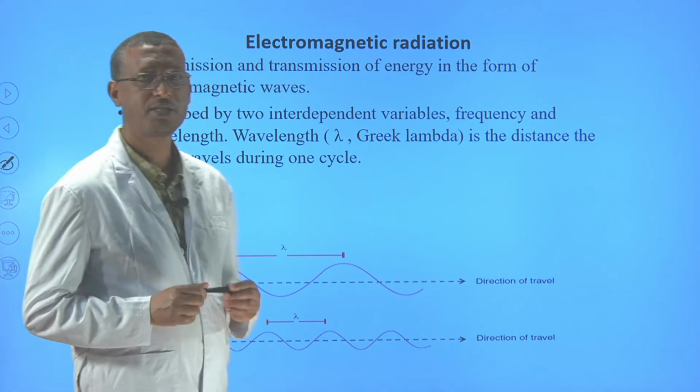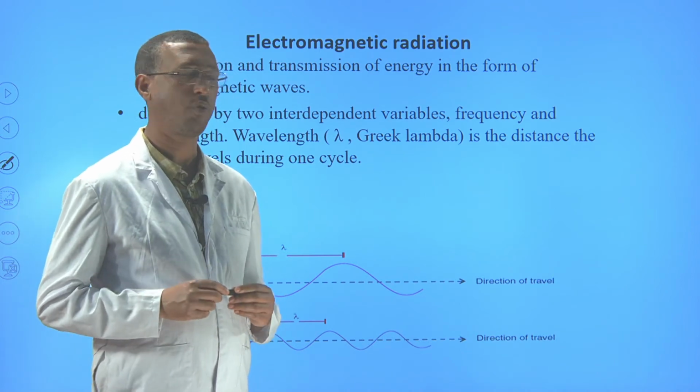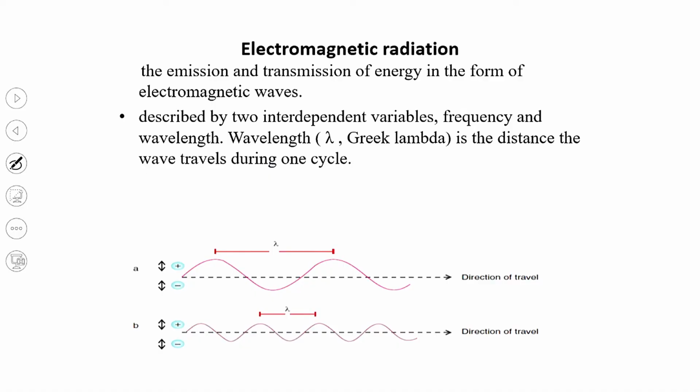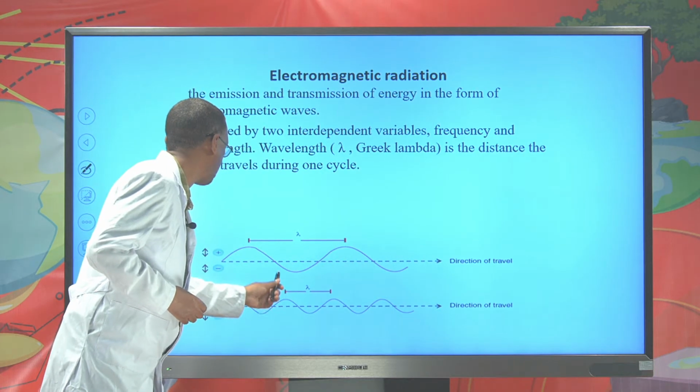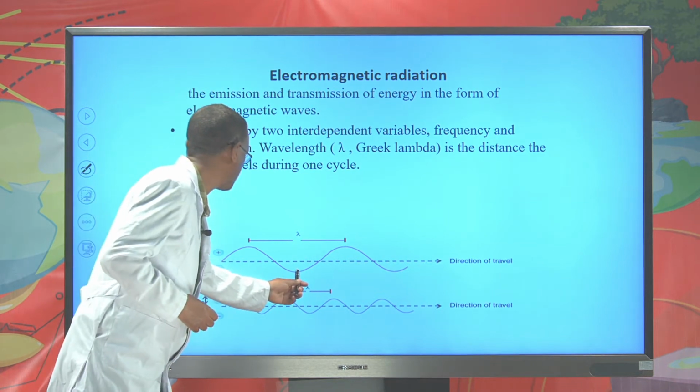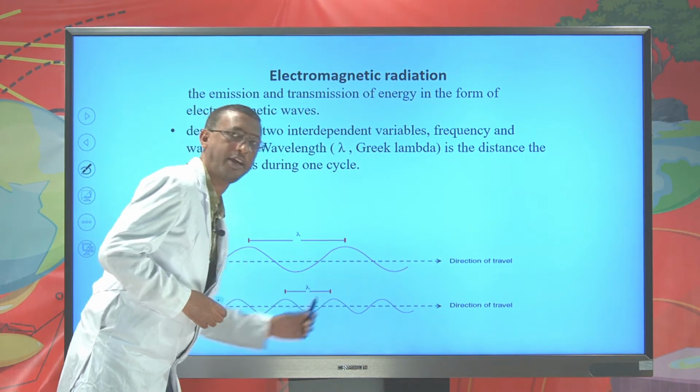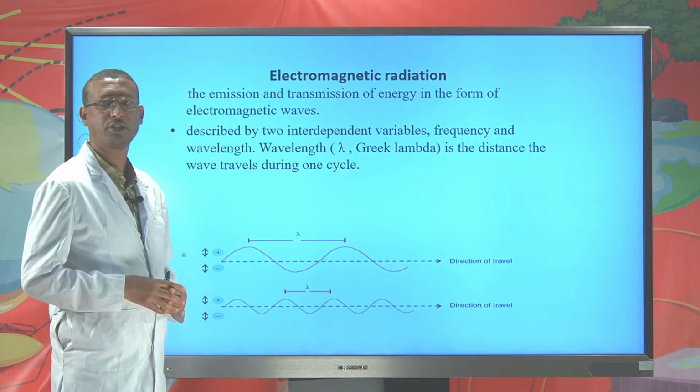These variables are frequency and wavelength. The wavelength has the Greek symbol lambda. Wavelength means the distance between two crests, or the distance between two troughs, the lower case, is known as the wavelength.